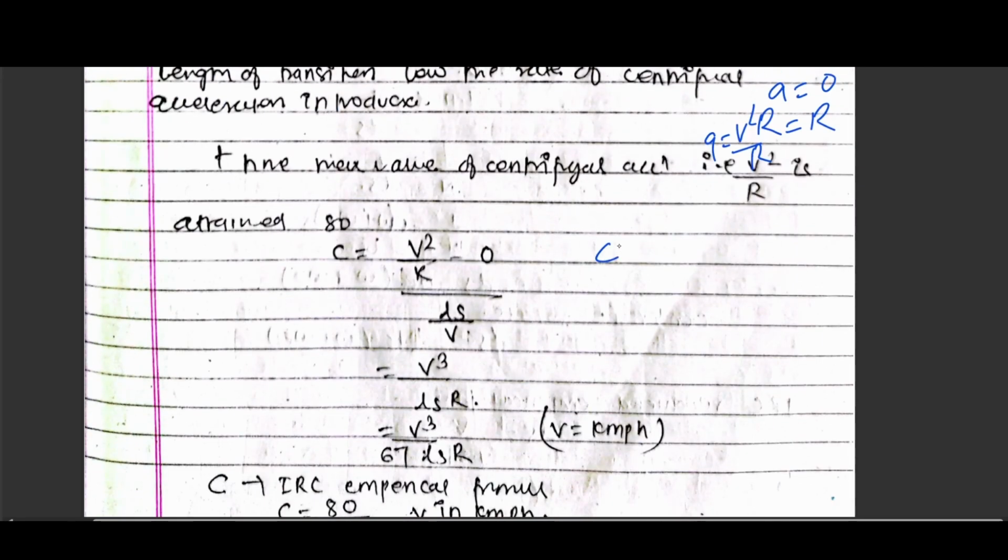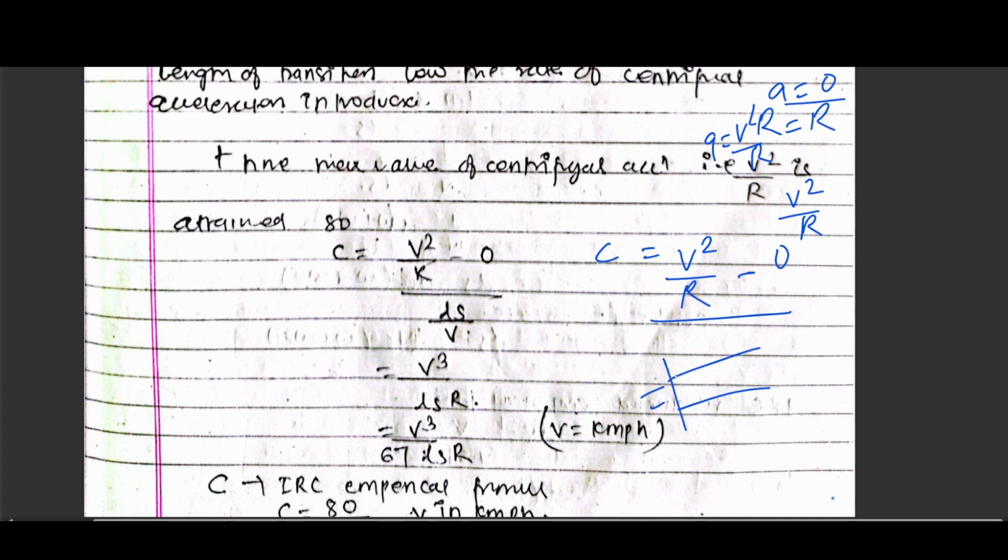If c is the rate of change of centrifugal acceleration, then the maximum centrifugal acceleration produced will be v square by r, on the circular curve. The minimum centrifugal acceleration, at the beginning of the transition curve, is 0. It is developed along the length of the transition curve. Consider this as the length of the transition curve.